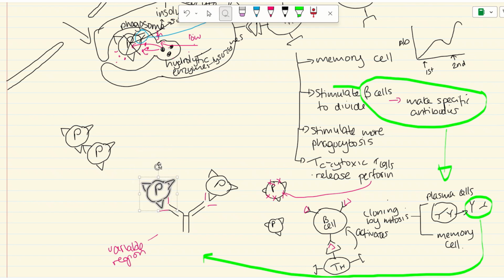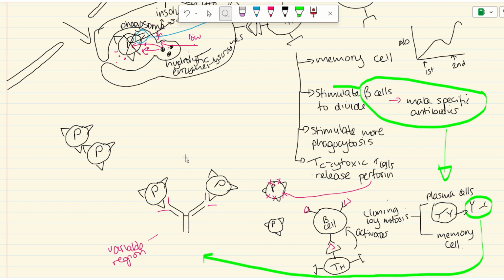And it will bring the pathogens into the same space. So one variable region gets that pathogen, one will get that one, and bring them together, rather than all swimming around everywhere. Let's just get them in one place. Because if we can get them in one place, then we can break them down more effectively, more efficiently. And that's the job of the antibody.